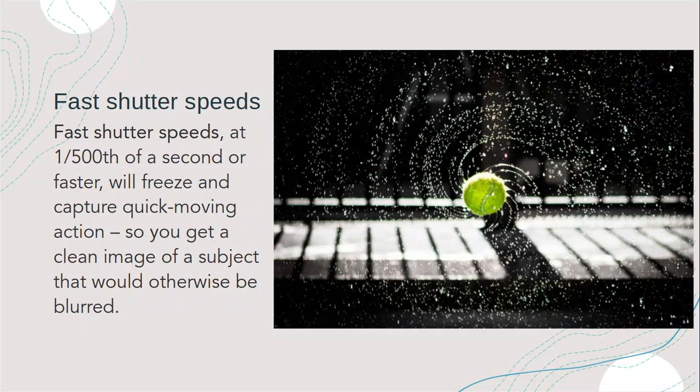So basically, that's an example of a tennis ball moving at a certain rate. You want to make sure you capture the tennis ball while it's airborne, to the height it's thrown up, and you can see all the water droplets coming from it. So it's good that you sense the movement of the tennis ball.